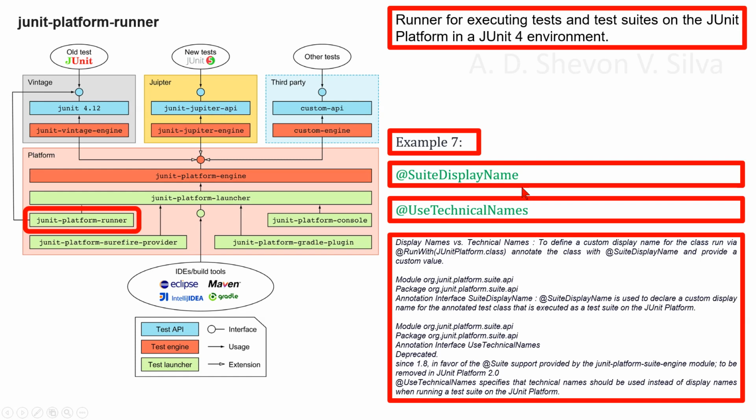The annotation interface SuiteDisplayName in package org.junit.platform.suite.api, in module org.junit.platform.suite.api. @SuiteDisplayName is used to declare a custom display name for annotated test class that is executed as a test suite on the JUnit platform.